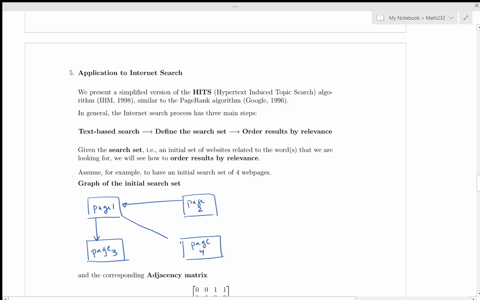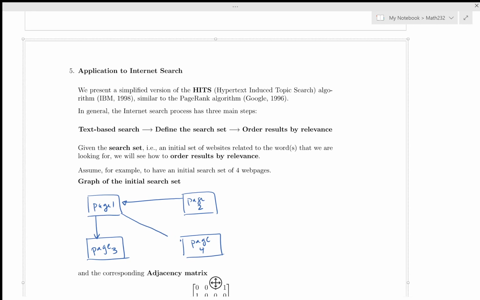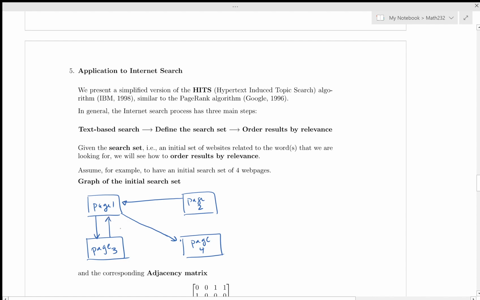Page 2 refers to page 1. Page 3 refers back to page 1 and refers to page 4. Then page 4 refers to page 3 and to page 2.